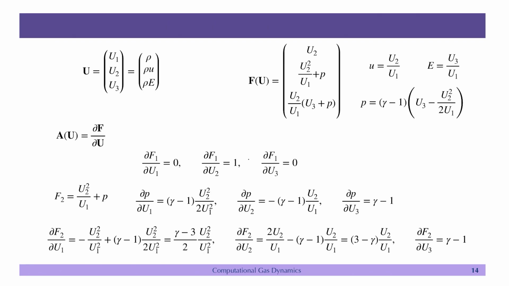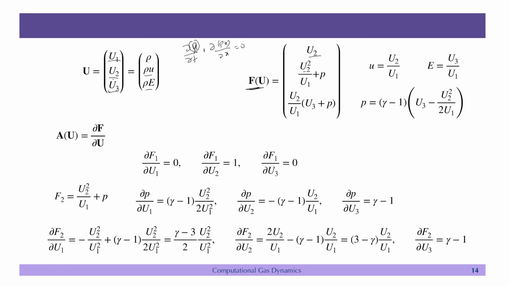So, you can write this u as u1, u2 and u3, where u1 equal to rho, u2 equal to rho u and u3 equal to rho e. And you also express f in terms of u1, u2 and u3, the conserved variables. Because the first one, if you recall, is del rho by del t plus del rho u by del x equal to 0.